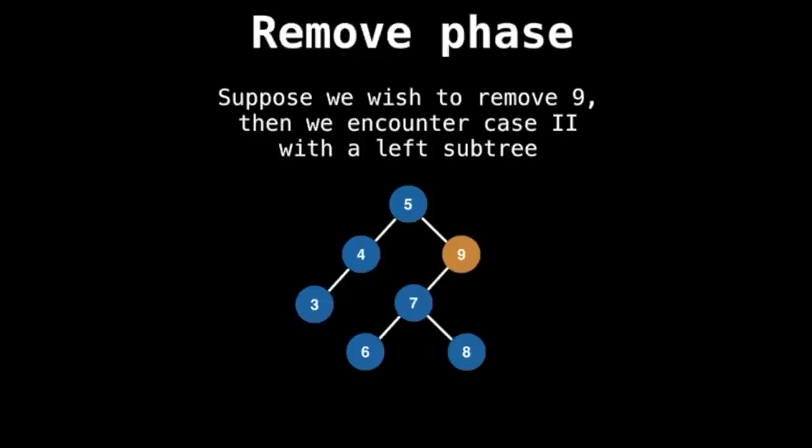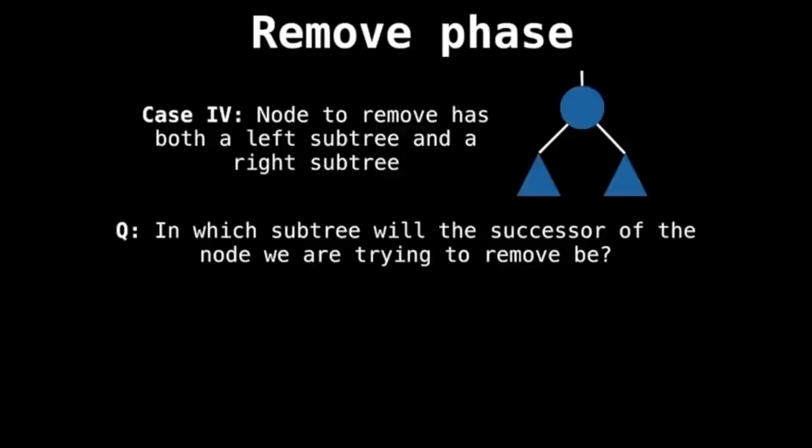So the successor node is its immediate child on the left, so 7. So what we do is we get a reference to 7 and then get ready to remove 9. And then we remove 9 and then make 7 the successor by linking it back up to 5. And if we rebalance the tree, that's what it looks like. And node 9 has been removed.